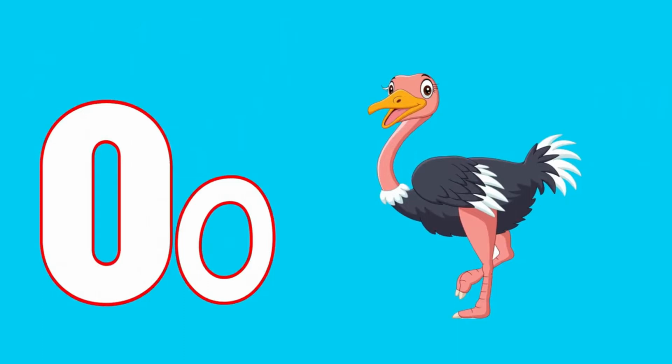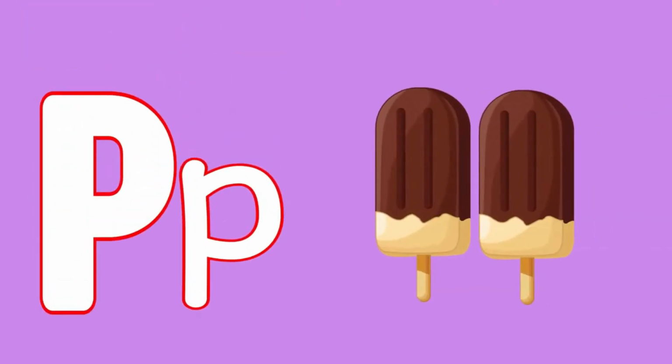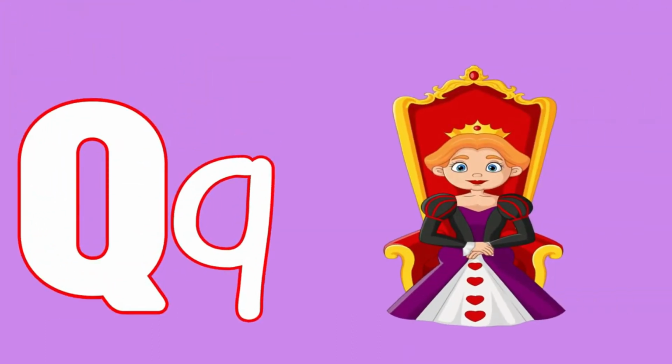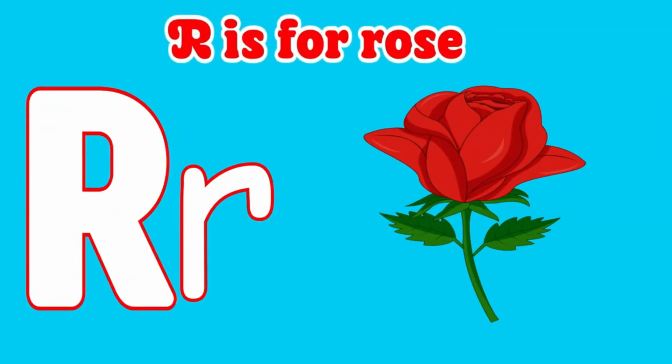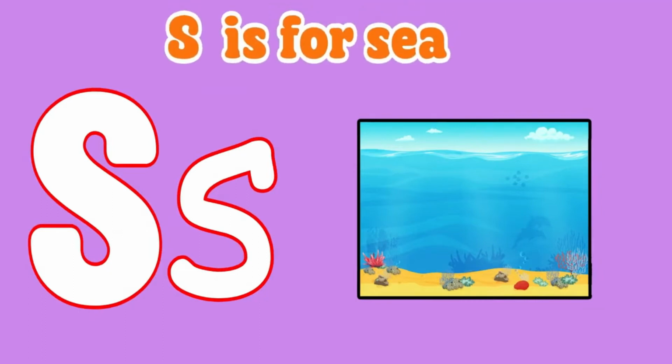O is for ostrich. P is for popsicles. Q is for queen. R is for rose. S is for sea.